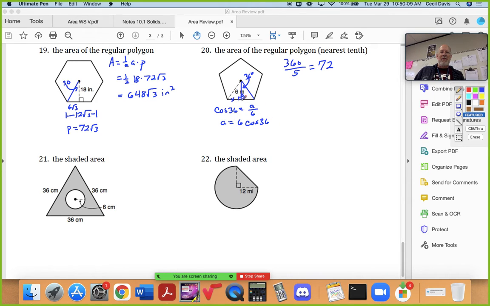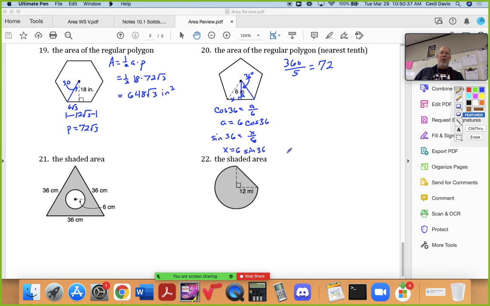And then this little side down here is opposite and hypotenuse, so that's sine. So sine of 36 is x over 6. I said sine and then I wrote cosine, my fault. So x is 6 sine of 36.